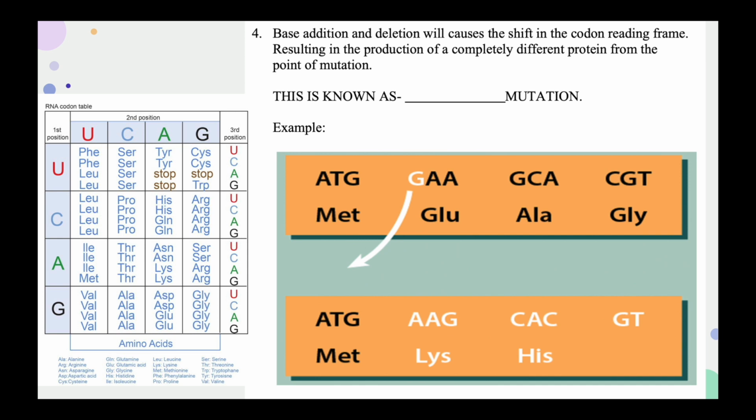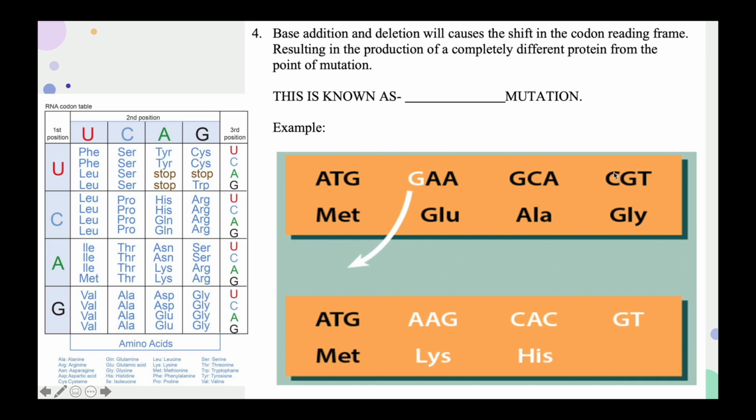Base addition and deletion will cause the shift in the codon reading frame, resulting in the production of a completely different protein from the point of mutation. For example, the removal of guanine here causes all the subsequent bases to be brought one base backward. As you can see, G here, which is located in the next codon, is now shifted into this codon.